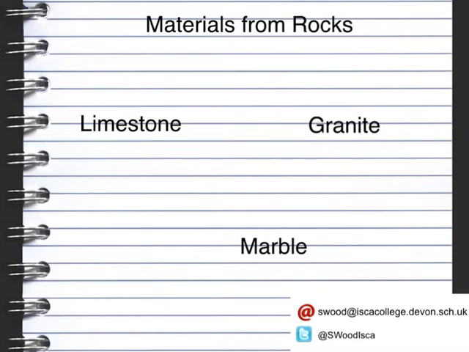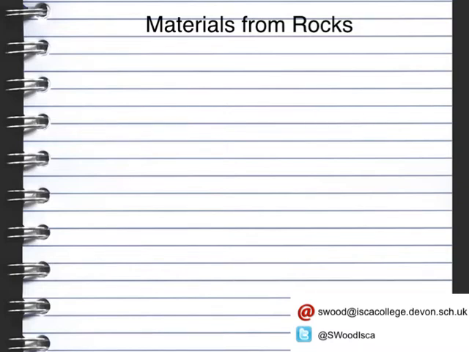Now, many of these things can be extracted straight from the ground, and this means that you may need to have a quarry. Now, with quarries there are quite a few issues that you might have. They can be noisy, they can be dusty, they can take up a lot of land.